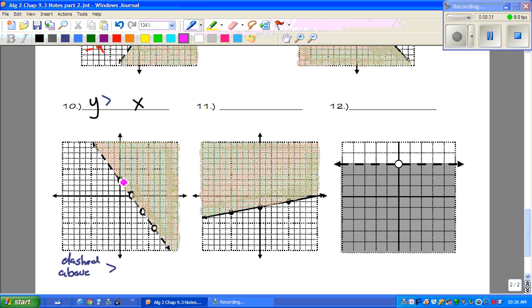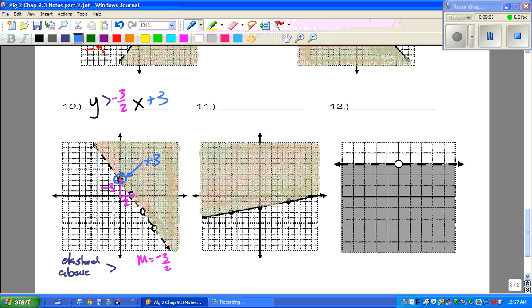My slope from here to here, we went down 3 over 2. So the slope is -3 over 2. And my y-intercept, which is right there, is at +3. So y is greater than -3 over 2x plus 3. Number 11 and 12 are all yours.